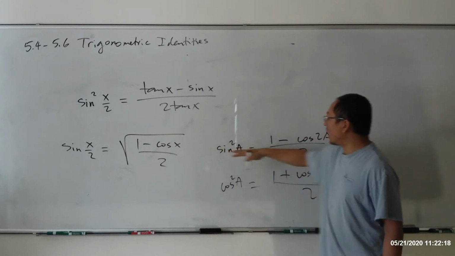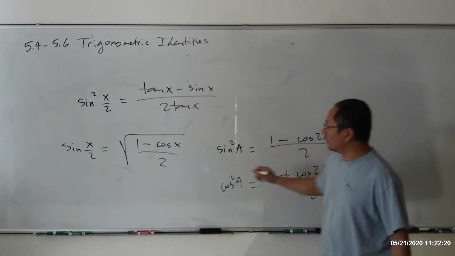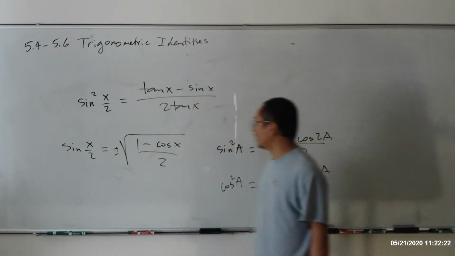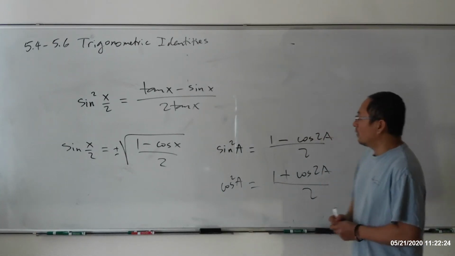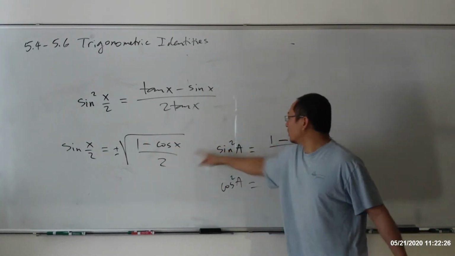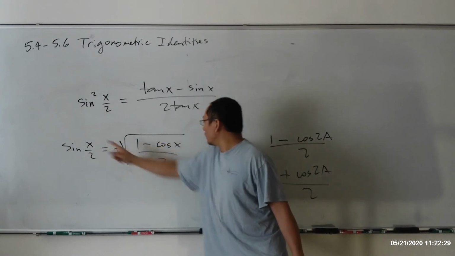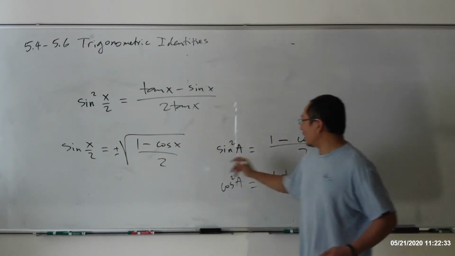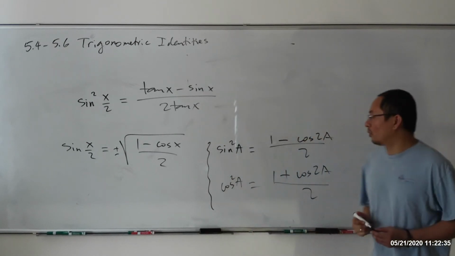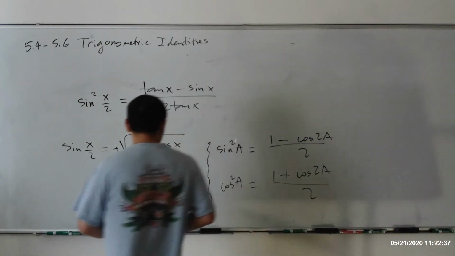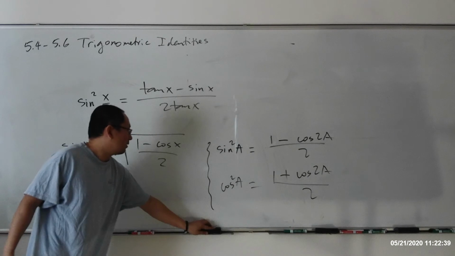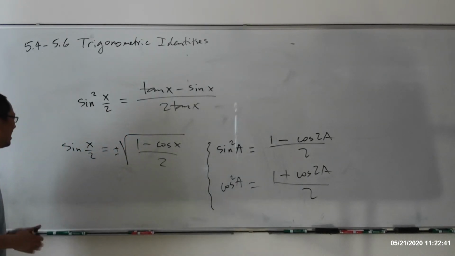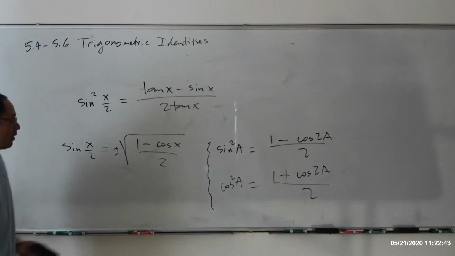This is the same thing as that version when you take the square root. And don't forget the plus or minus, depending on your quadrant and the angle. But if you square up both sides, you come from here to here, and think of x over 2 as A, and x is going to be 2A. I'm glad that those two are more popular. I don't feel comfortable with the radical. But anyway, it's the same.